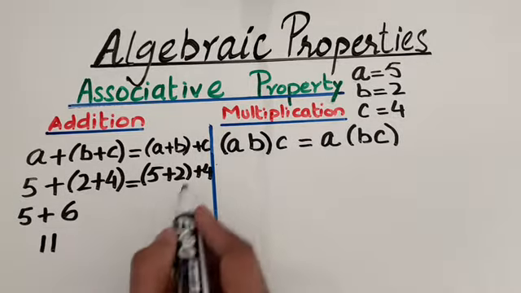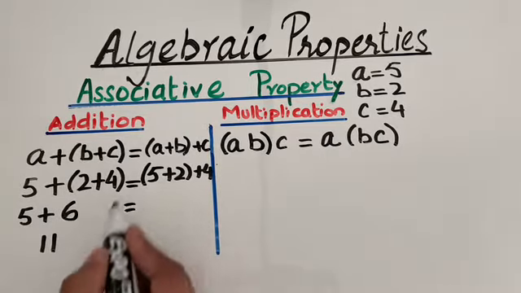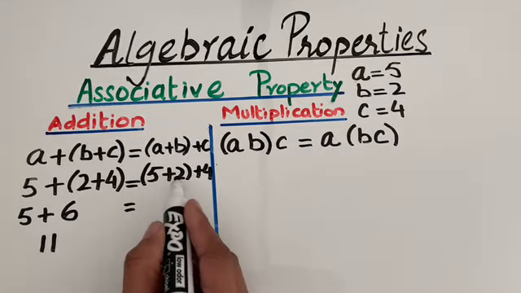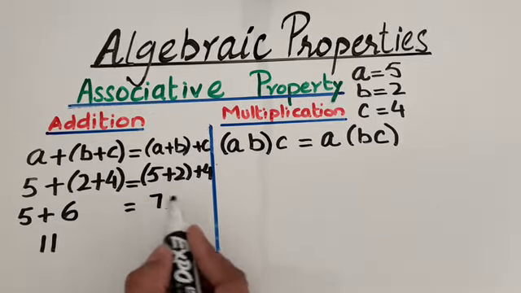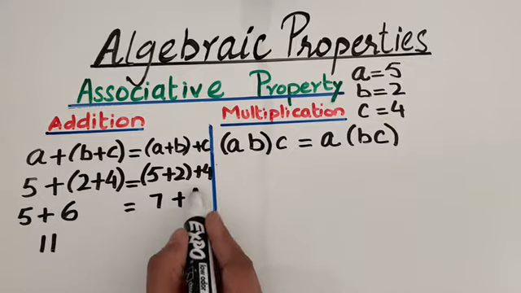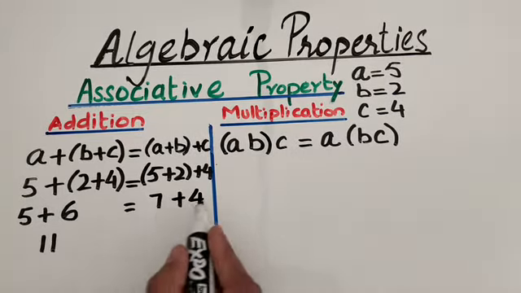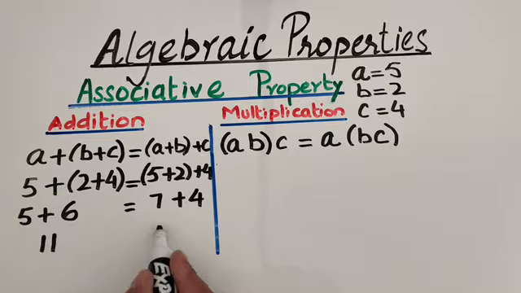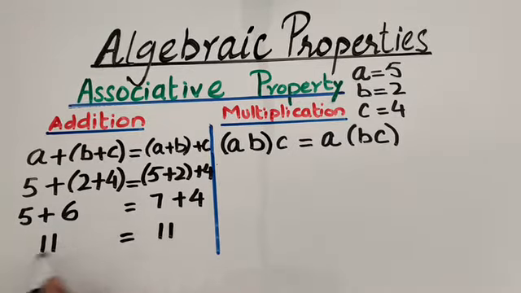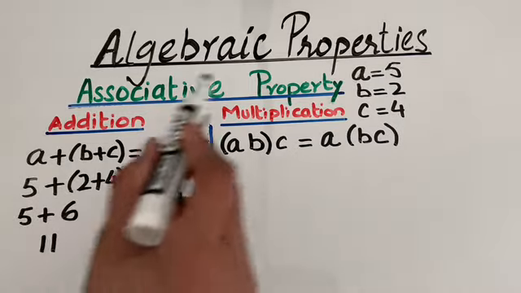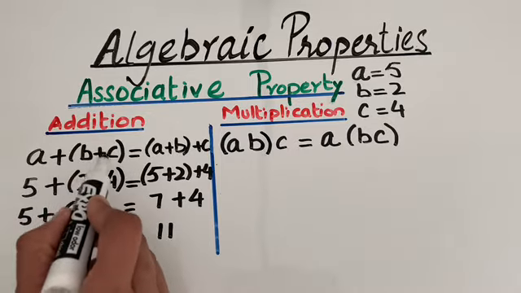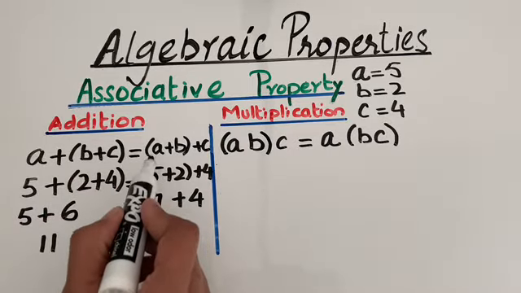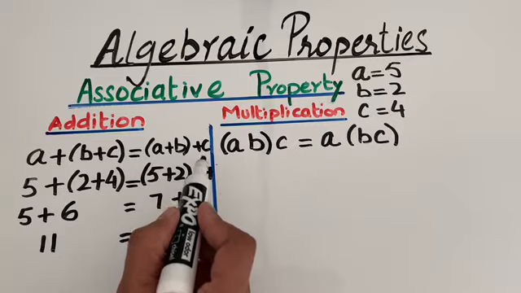Now I'm going to solve this other part of the equation. 5 plus 2, we solve the parentheses first, is 7, plus 4. 7 plus 4 is 11. So 11 equals 11. So this shows the associative property of addition: A plus the quantity of B plus C is equal to the quantity of A plus B, plus C.